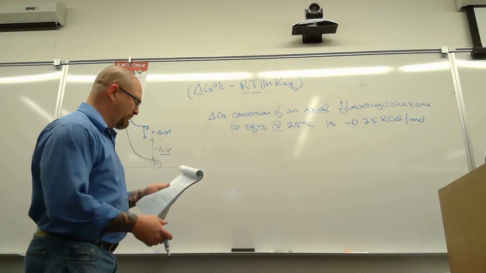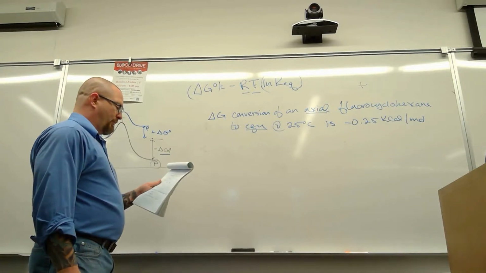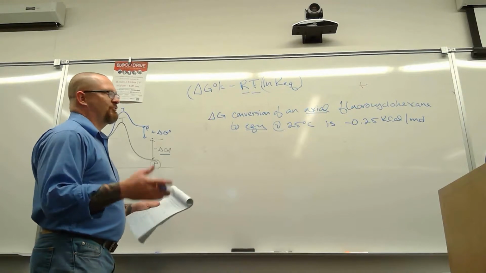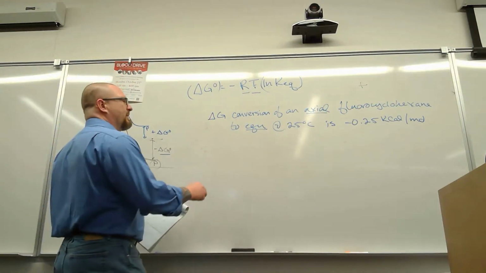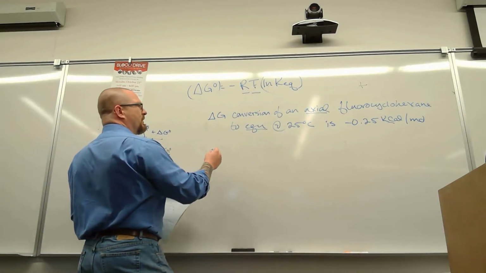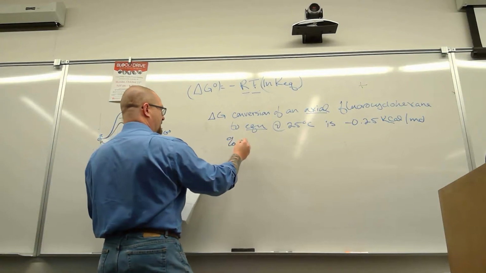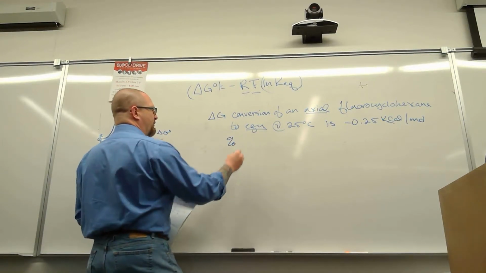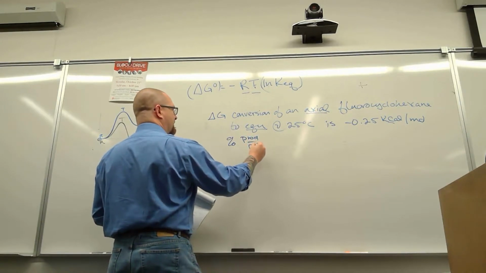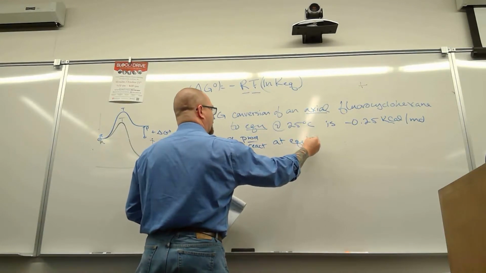Instead of using 8.31, we're going to use 1.986 kilocalories per mole Kelvin, but it's just a change to the R term. And the question here is, what's the percent of the reactants to products, or products to reactants, at equilibrium?